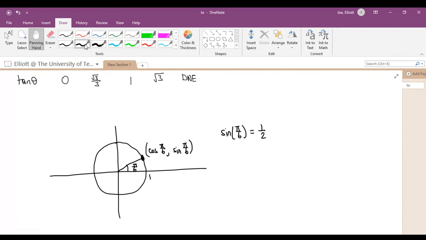Looking at the second quadrant, if we go out an angle pi over 6 up from the negative x-axis, this point has the same y-coordinate as this point, but the x-coordinate becomes negative, right? Since the x-coordinate is negative in the second quadrant, you know that cosine will be negative.